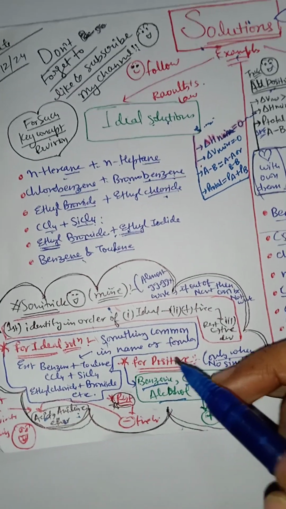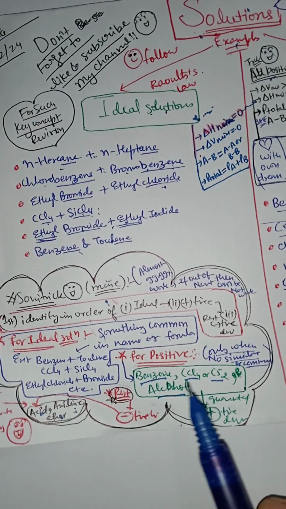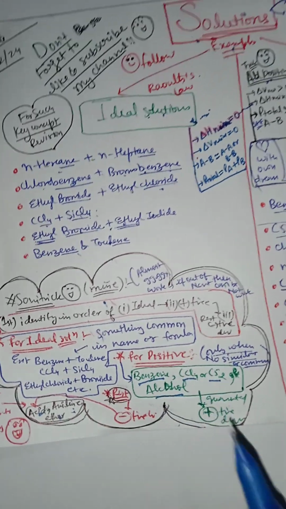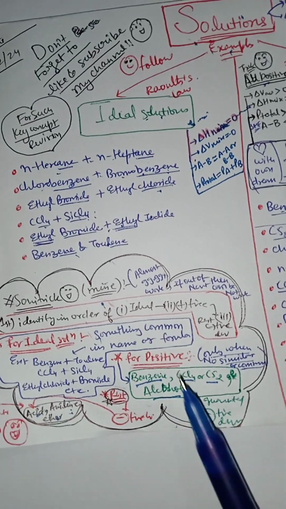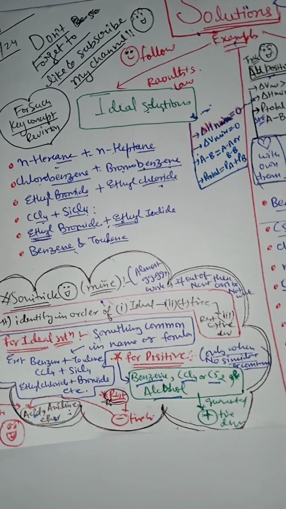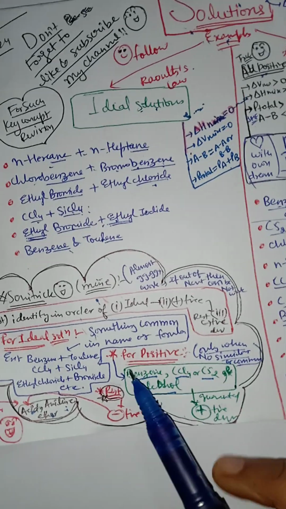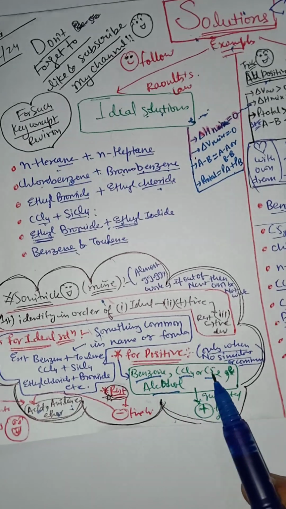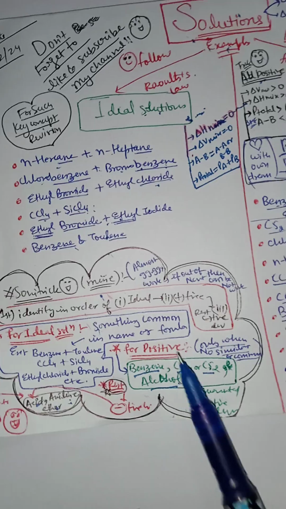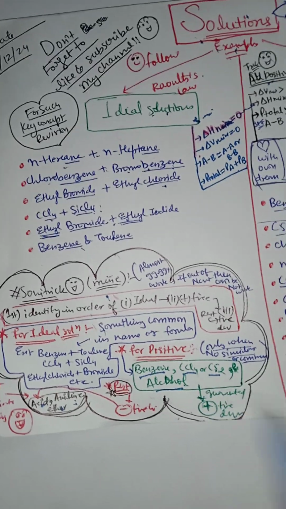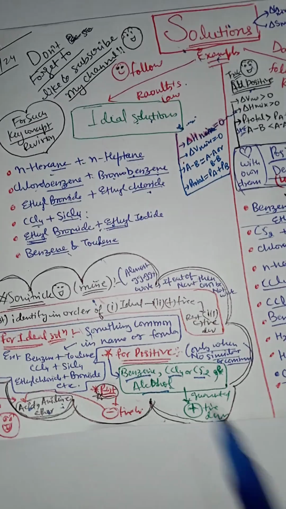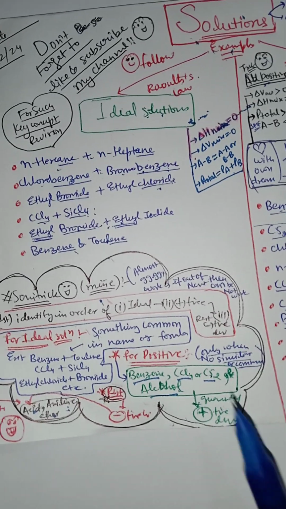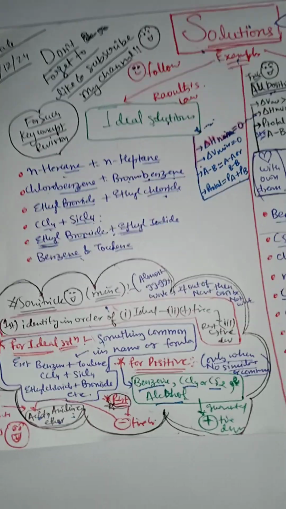For that you need to remember this: if you have seen any of these, it will be a positive deviation solution, except one case which I will tell you in the end. Benzene, CCl4, or CS2, or alcohol, any of these you have seen in the example, then it will be a positive deviation non-ideal solution, except one which I'm gonna tell you at the last.